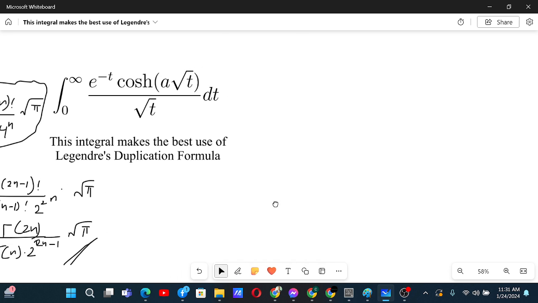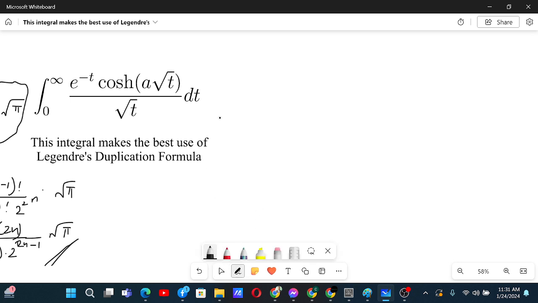Okay, now let's enter the integral and see how this can be used. First of all, we can see that e to the power minus t and root t are leading to the gamma function's definition, but over here we also have cosh of a root t.